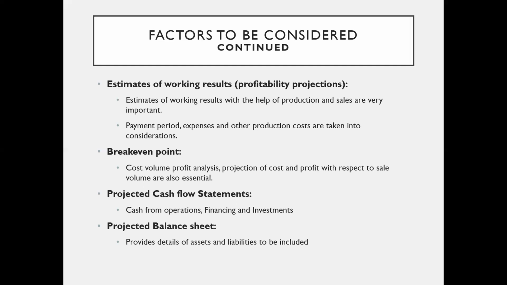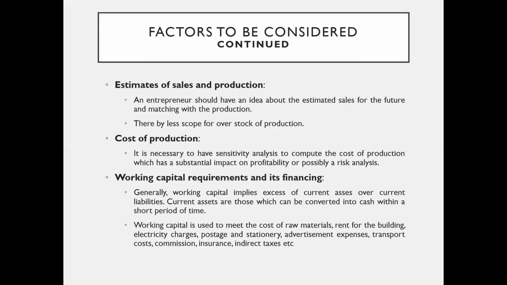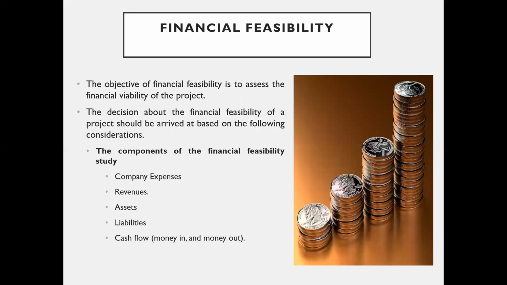All these things we'll get to know from the factors of assets and liabilities. Hence we all have to consider all these things when we are preparing a financial feasibility.